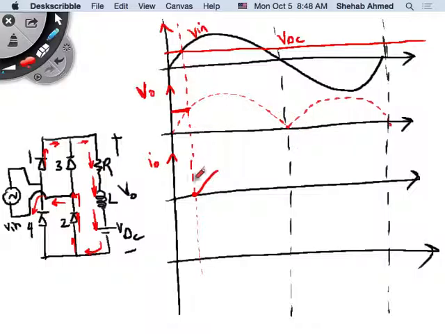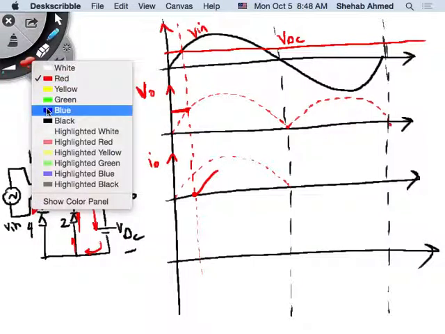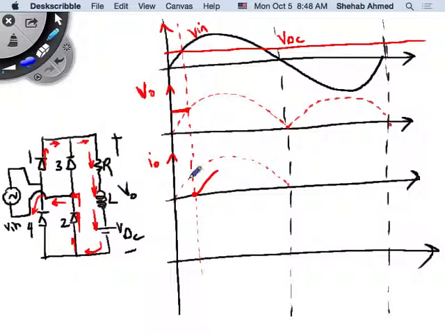For the resistive load with a source case, current was doing this. If I have the resistive load and a source, what would the current have done? It would have just been in that little section between the two where the VN was higher than the DC source. Exactly. So from this point, there will be current.